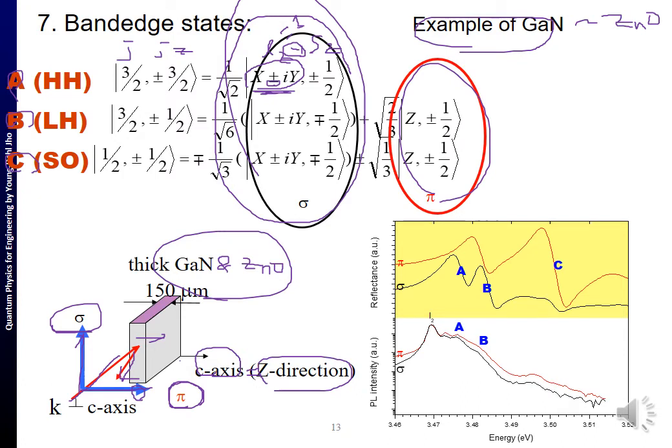So when the polarization is along the pi direction, you can excite only this part. What does it mean? The B and C states are excited by pi excitation. And in the case of sigma, all of them, A, B, and C, are excited.